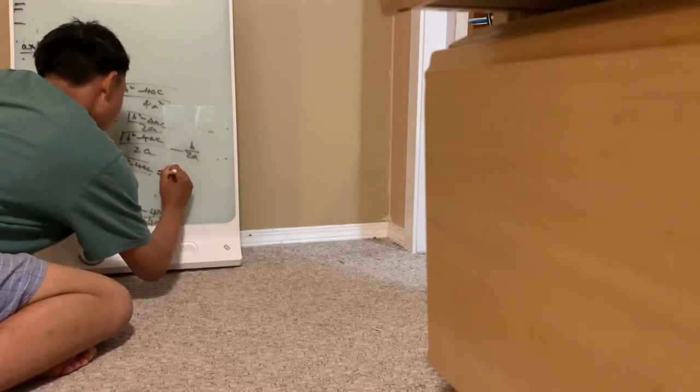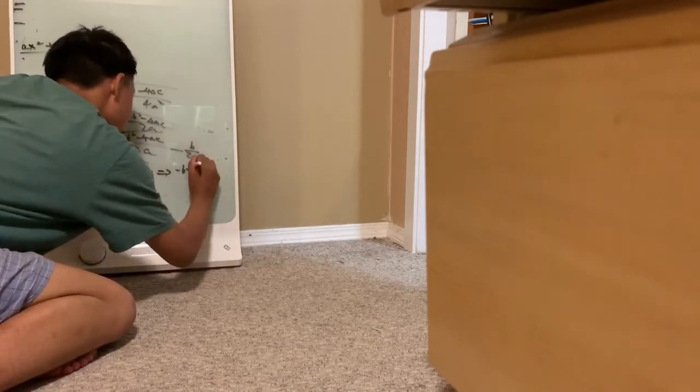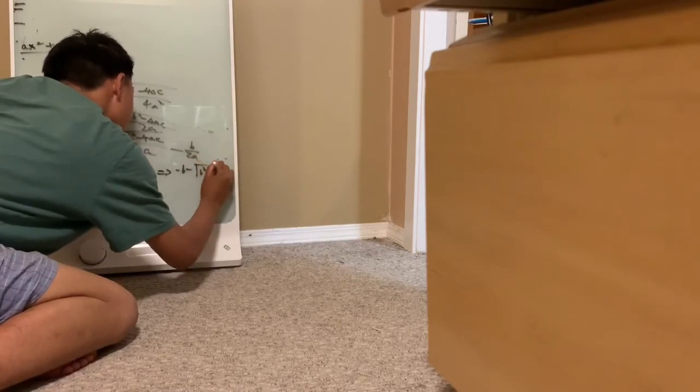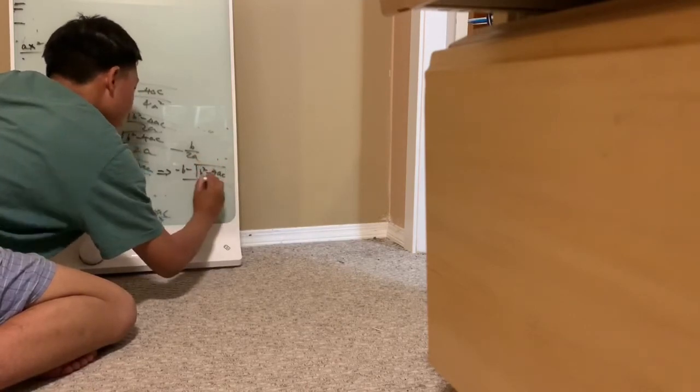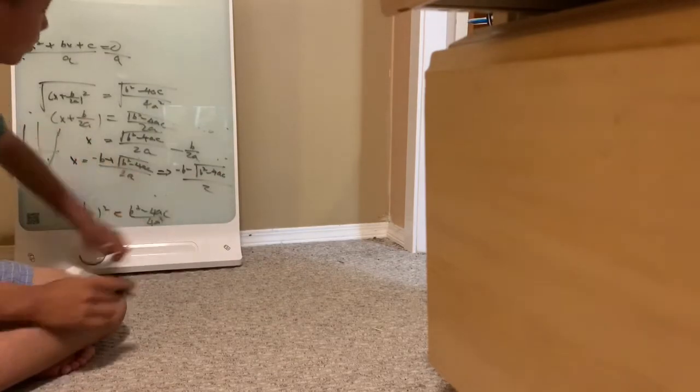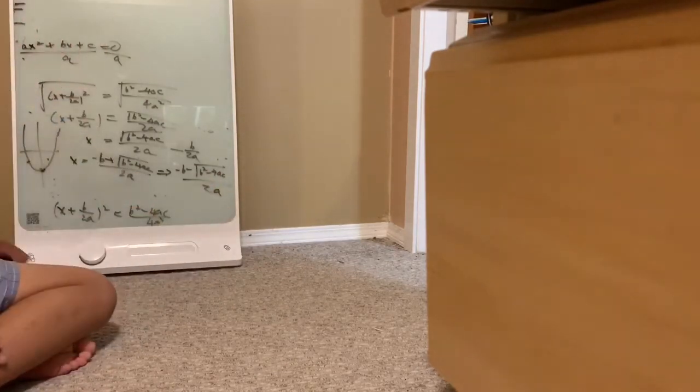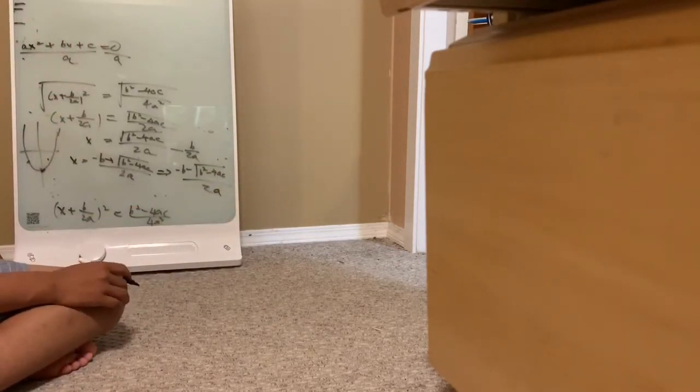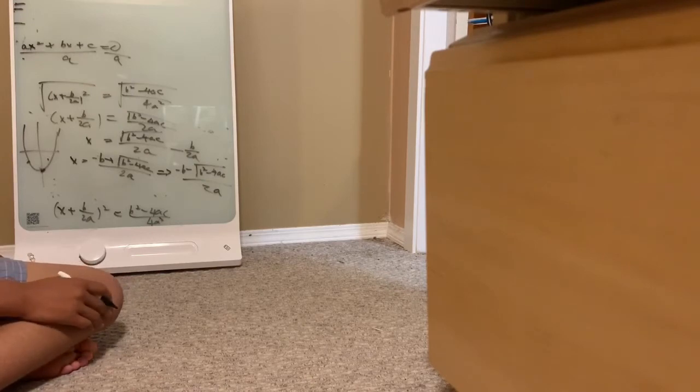So using this, we can make a considerable inference, and we know that the 2 results of x are negative b plus the square root of b squared minus 4ac divided by 2a, and negative b minus the square root of b squared minus 4ac divided by 2a.